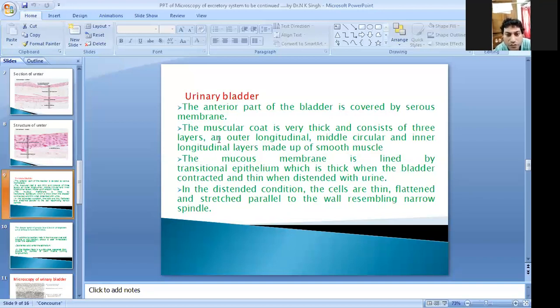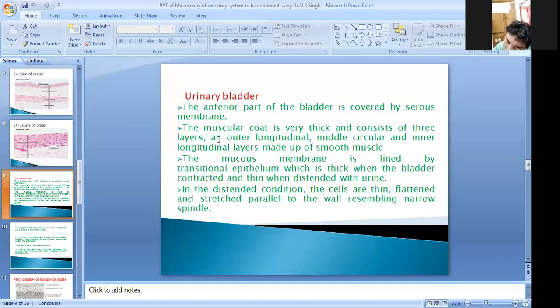In the distended condition, the cells are thin, flattened, and stretched parallel to the wall, resembling narrow spindles.